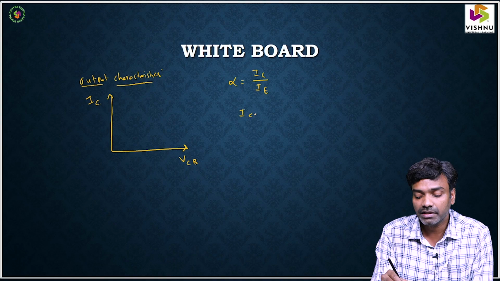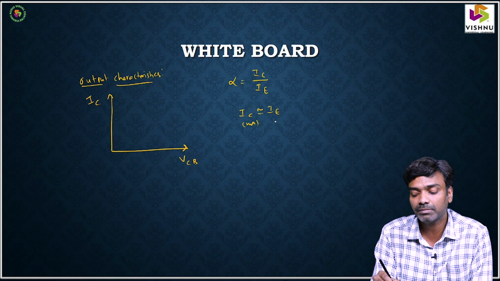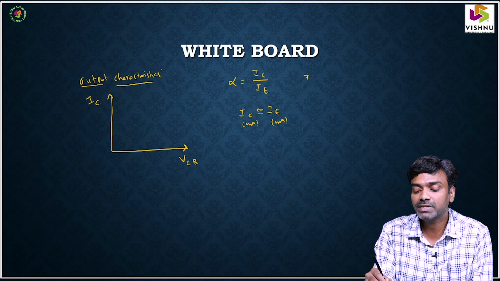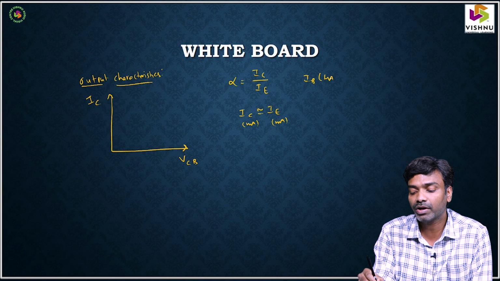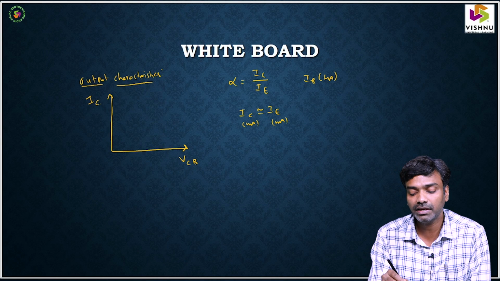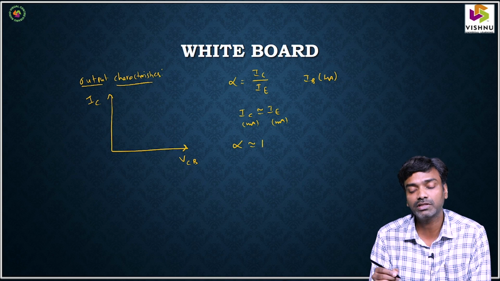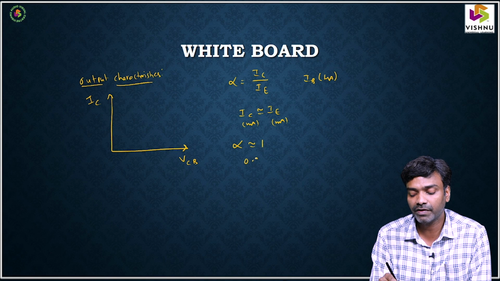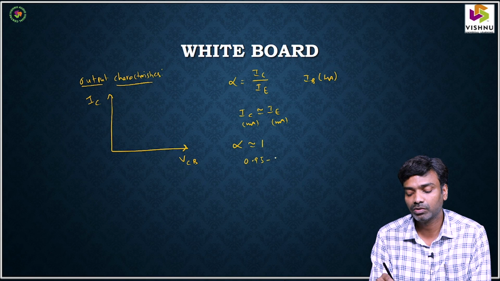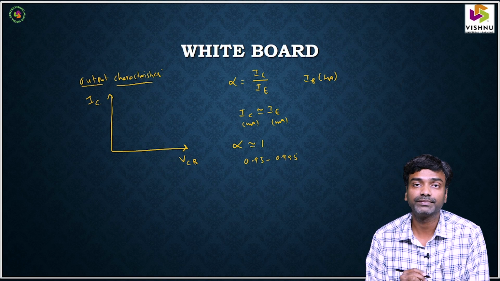Because IC is in milliamps and IE is in milliamps, with base current being very small, in microamps, IC is approximately equal to IE, hence alpha is closely equal to 1. Generally, it varies from 0.95 to 0.995, and it is approximately unity.